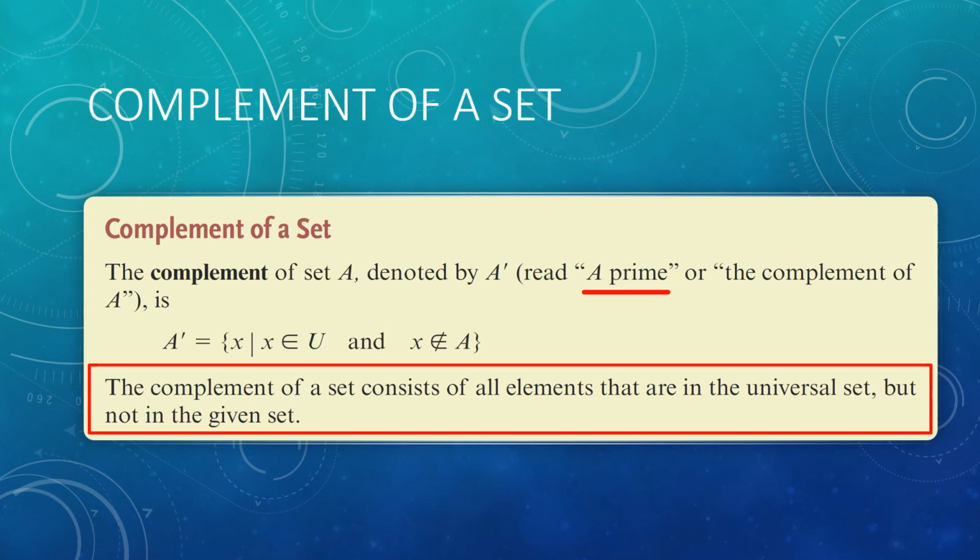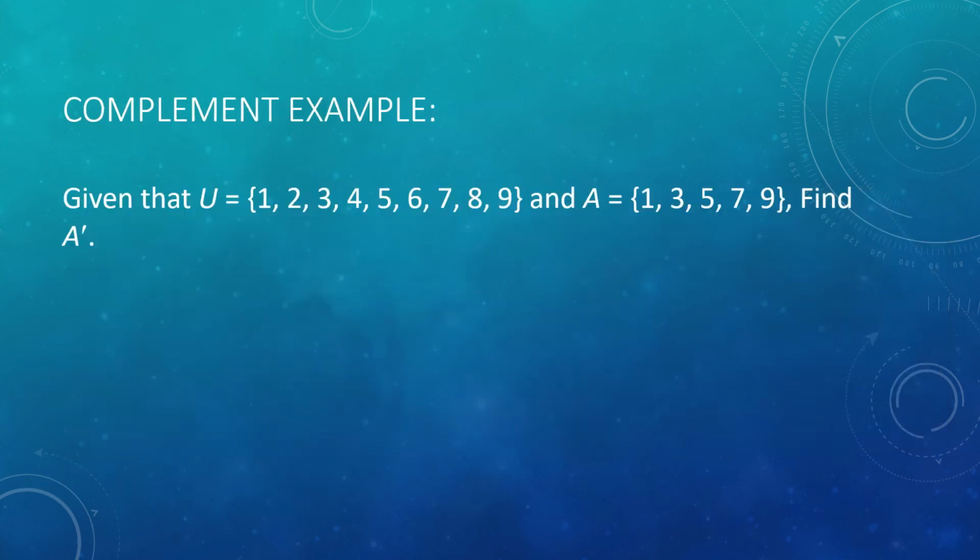This is going to be all of the elements that are in the universal set and not in A. Let me read that again. The complement of a set consists of all elements that are in the universal set but not in the given set. Now this sounds kind of complicated, but I'm going to show you a really easy and quick way to find the complement.